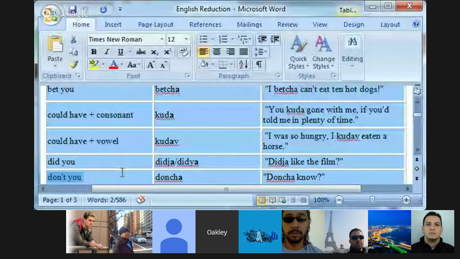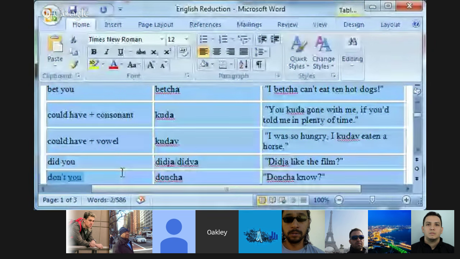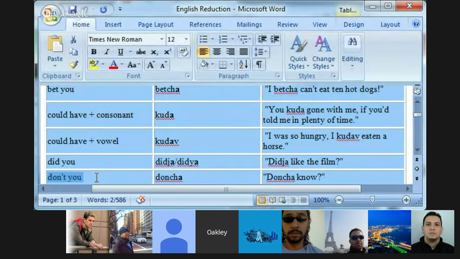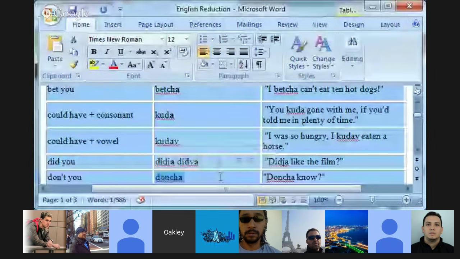All right, two days ago when we looked at joining words together, we looked at D plus Y equals J. We also looked at T plus Y, which sounds like a CH sound. So, Mark, look at this next one. Don't you? It's going to sound like don't cha.